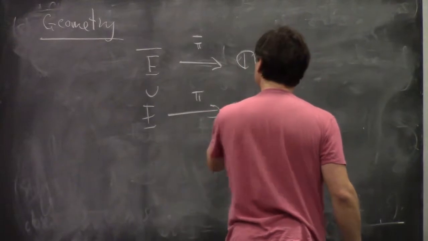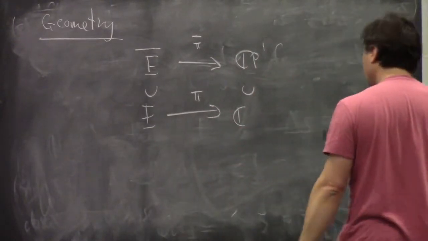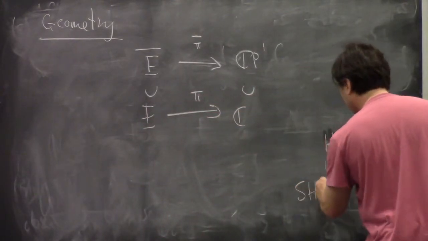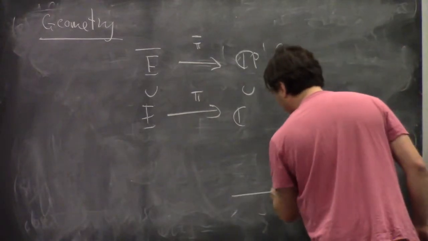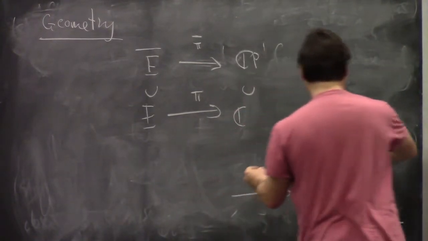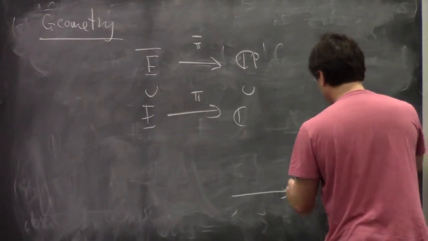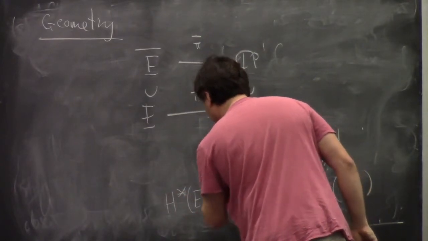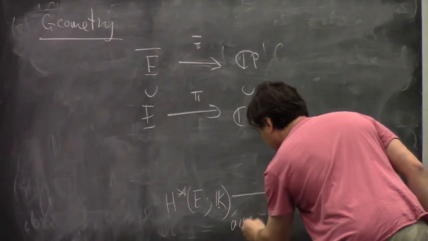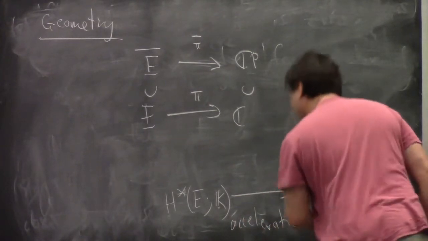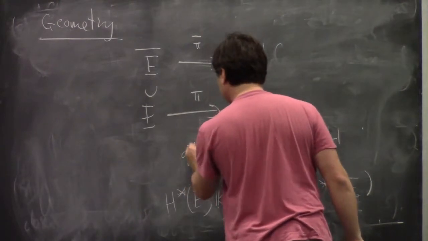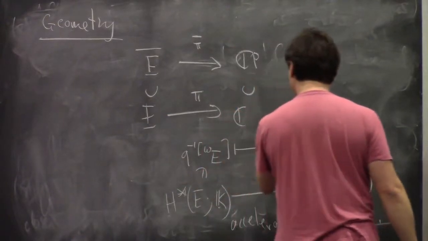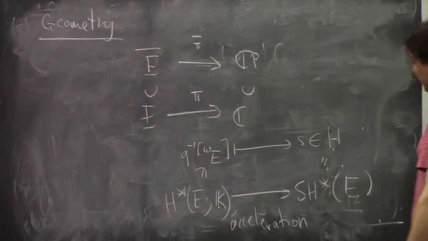In this case, the H that I want to look at is something called the symplectic cohomology of E. It comes with a map from the ordinary cohomology, the acceleration map. So you want to take the symplectic class of this guy here, which is non-zero, in here, and that will map to this element S. That's how the framework will be constructed.